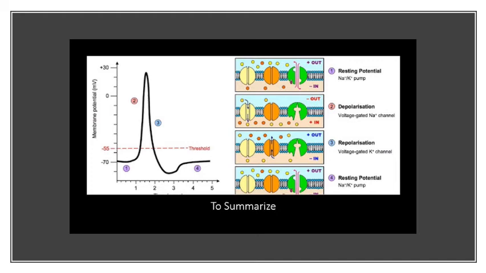This causes the rising phase, which is the depolarization of the cell. When that happens, the sodium channels open, and positive sodium ions flood into the neuron. This causes the inner atmosphere of the cell to be positive, which it really doesn't like because, again, the resting phase is -70 millivolts.